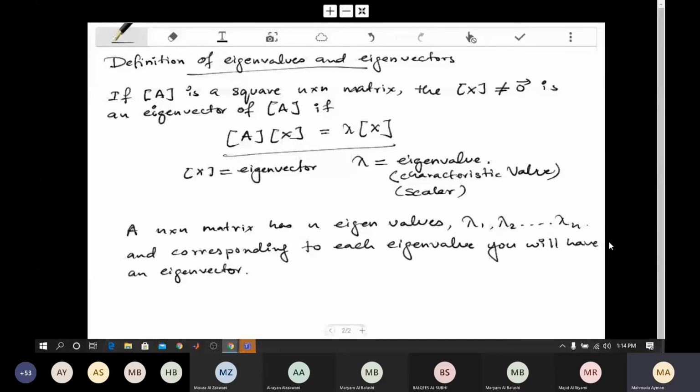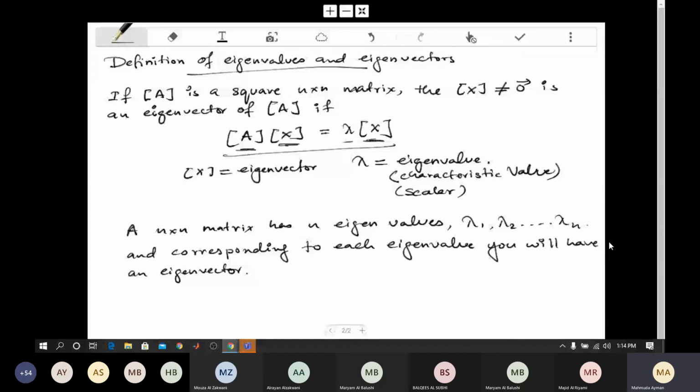So that's the definition of eigenvalues and eigenvectors. I hope it's clear to you. I'll just go through it one more time. If you have a matrix A, which is a square n by n matrix, it has an eigenvector x if that is a non-zero vector, and it fulfills the condition that if you multiply the eigenvector with the matrix, it will be equal to the eigenvector itself times a scalar multiple.